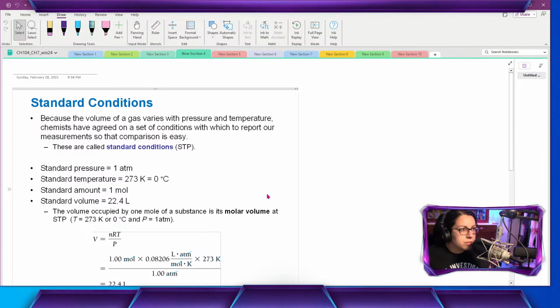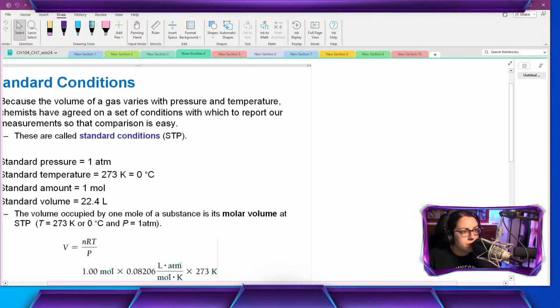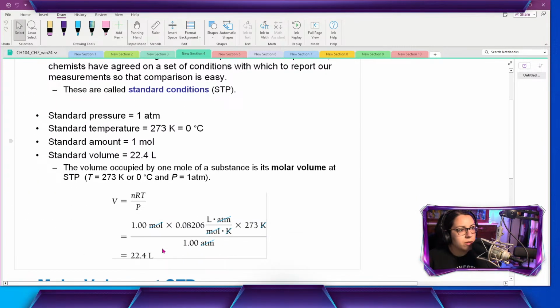And the last bit we should go over is the standard conditions, or STP. This is really nice, and there are a couple of things to know about it. We define our standard conditions as 1 atm, 0 degrees Celsius, 1 mole.